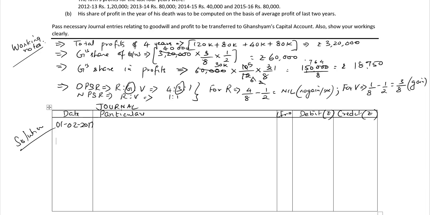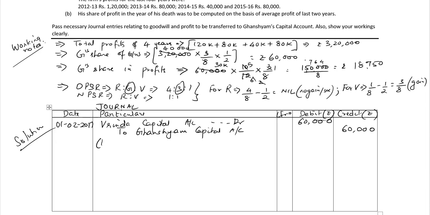We'll do the goodwill treatment first. We need to debit the gaining partner and credit the deceased partner Ghanshyam. Vrinda capital account debit, to Ghanshyam's capital account. Ghanshyam's share of goodwill 60,000 rupees. Being goodwill adjusted.